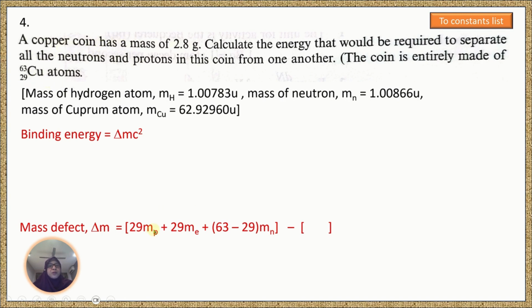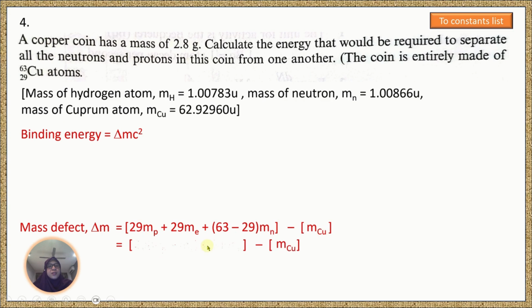So 29 times mass of the proton plus 29 times mass of the electron, plus the number of neutrons, which will be 63 minus 29. Then minus the mass of the copper atom.